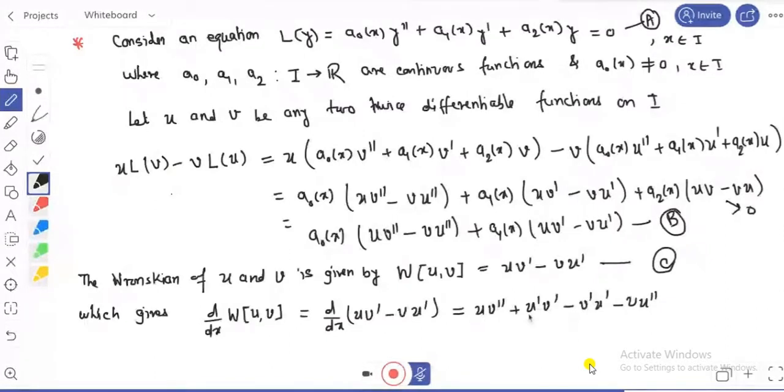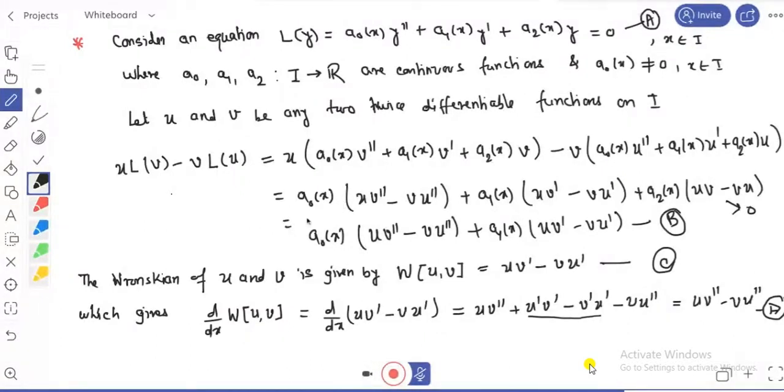Look here, these two terms are the same, so they cancel out. So this equals u v'' minus v u''. So this is equation number D.